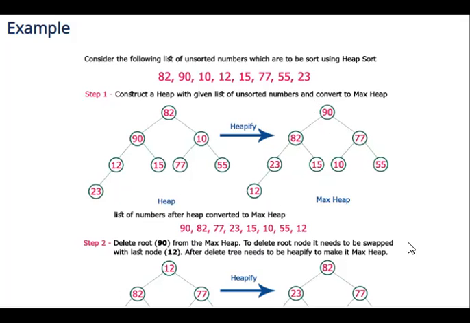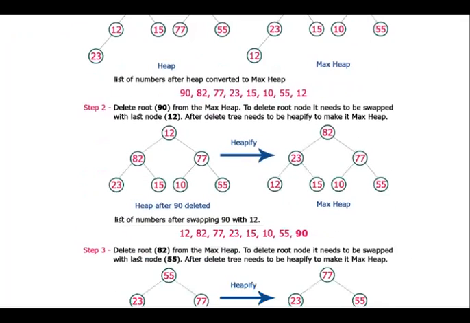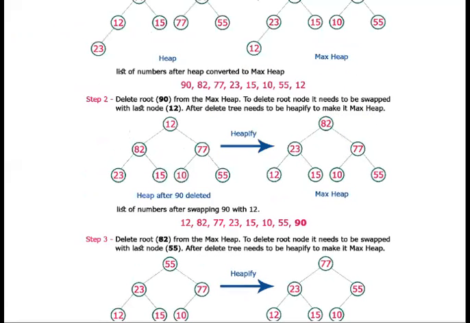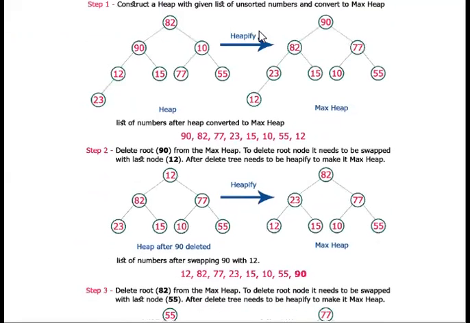After that, we construct the tree and it needs to be heapified to make a maximum heap. Now from that maximum heap diagram, the 90 is to be deleted and 12 can be swapped to the root node.